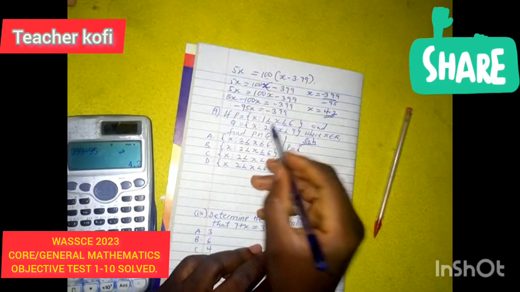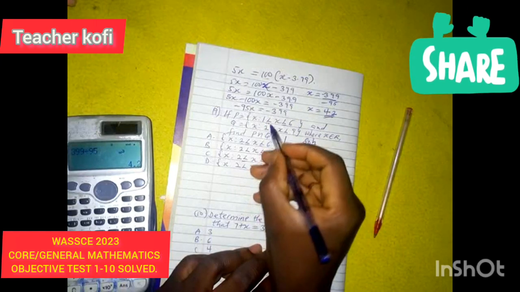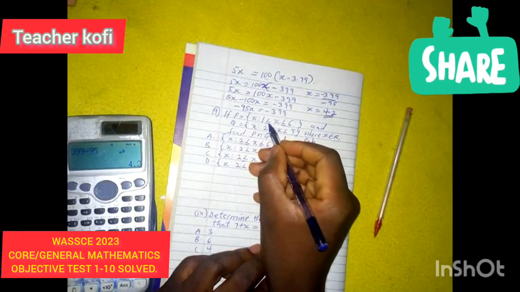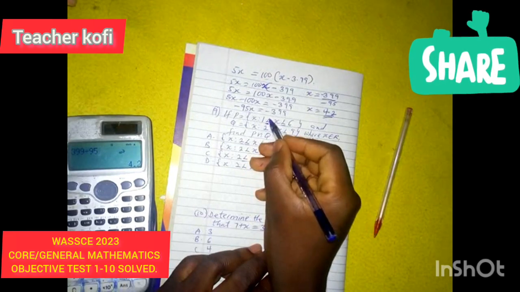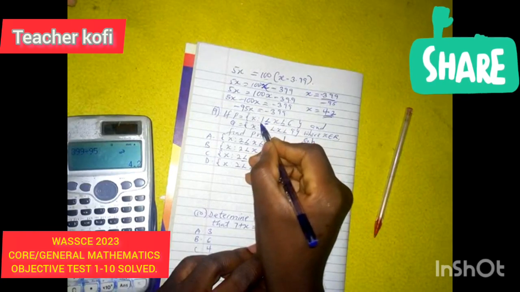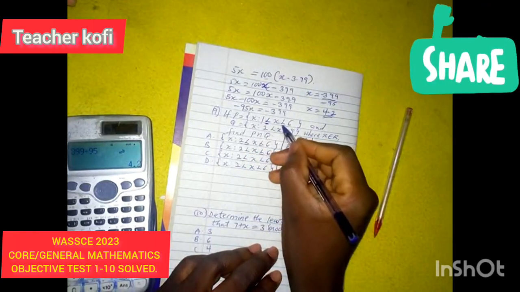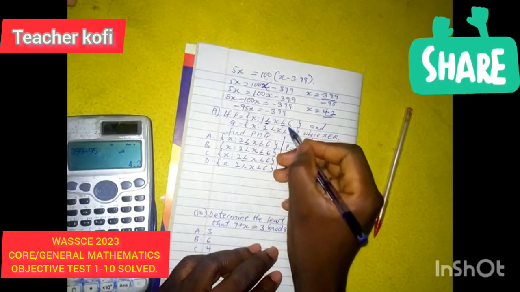Let me tell you something. When you are given something like this, 1 less than or equal to x, when you see there's a stick crossing beneath the sign, it means that we start from 1. If there's the equal sign beneath it, it means we end at the same number.